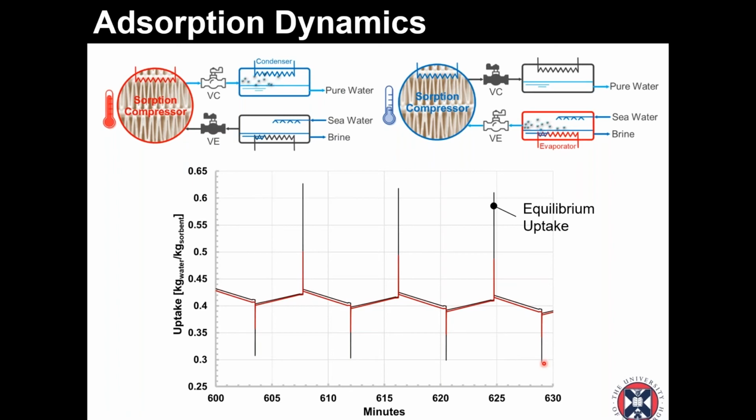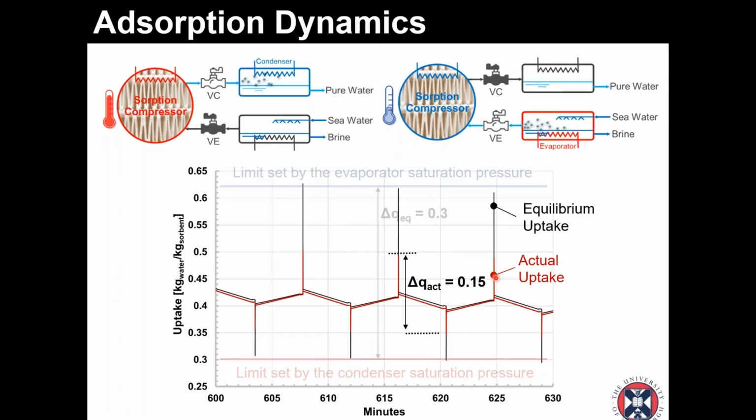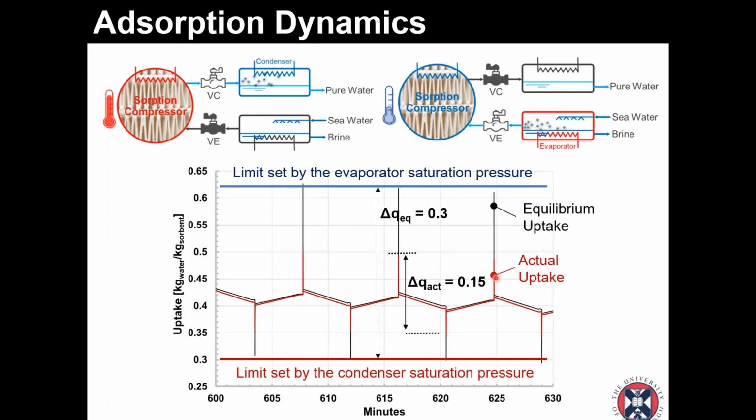So you never achieve the equilibrium uptake; you work with the actual uptake. When you consider the actual uptake, you have an even lower working capacity of 0.15, which is lower than the 0.3 we have set, which comes from the limit set by the evaporator saturation pressure and the condenser saturation pressure.